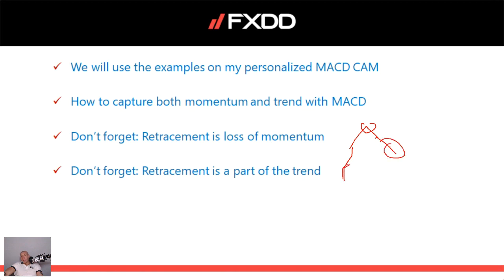So for targets, you need to use Fibonacci ratios because this is still a part of the trend, but with loss of momentum. So if you go counter the trend, you trade retracements, guys. You don't trade reversals. Reversals are only when the trend changes. Reversals happen after retracements because retracements precede reversals. Okay.